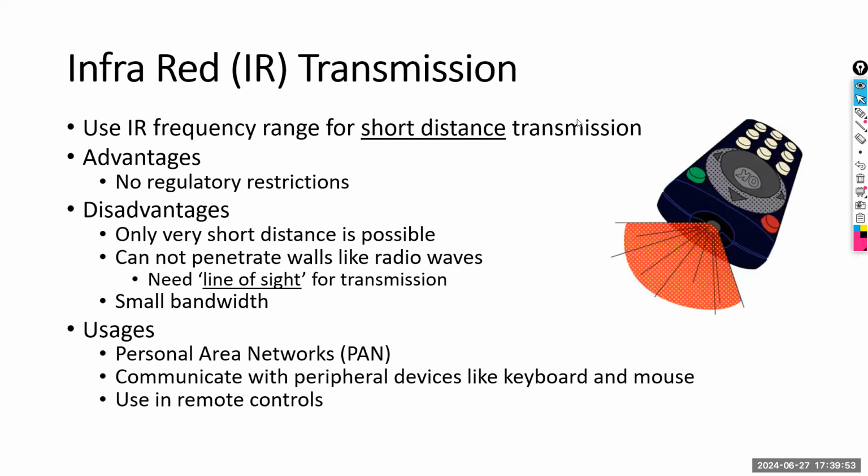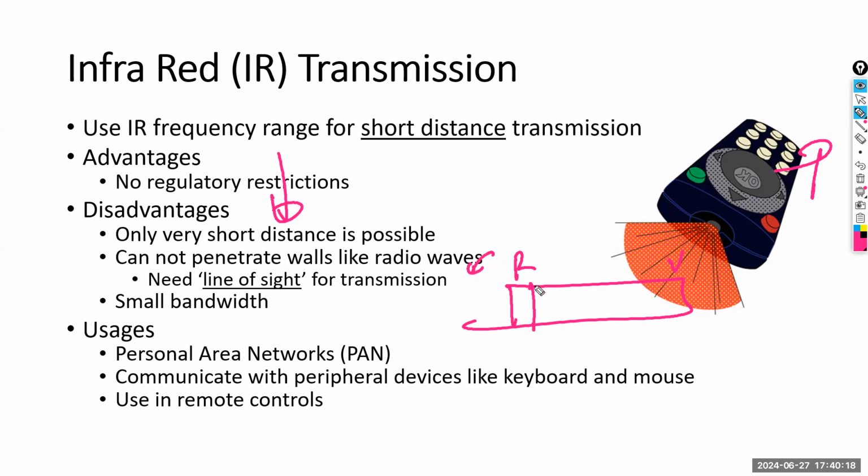So let's take one by one, starting with IR, infrared. Infrared means, remember in the electromagnetic spectrum, this is visible light, this is red, this is violet. So infrared means less than red, infra. This way is high frequency, this way low frequency. So this is infrared, its frequency is less than red.